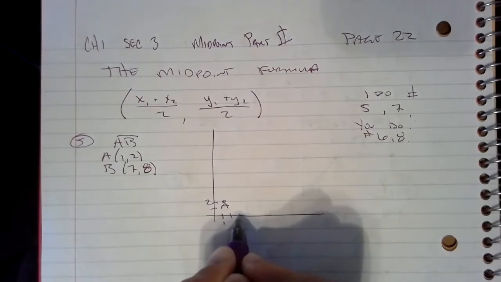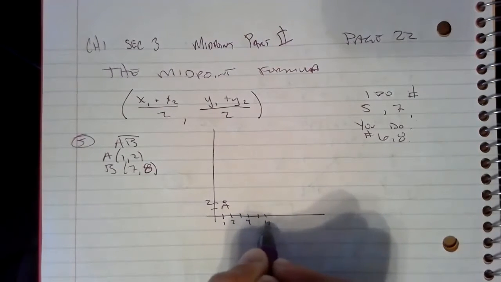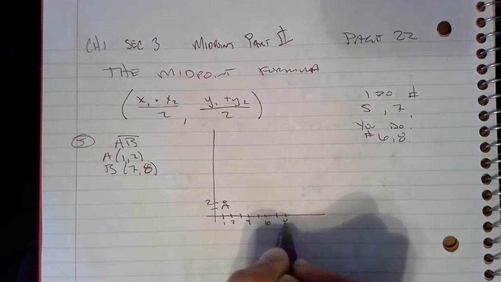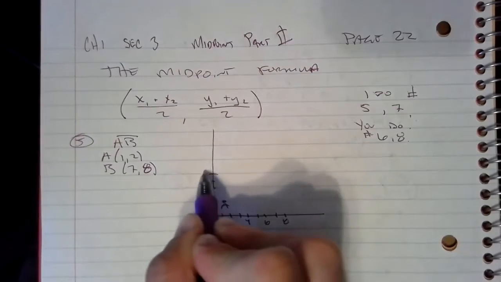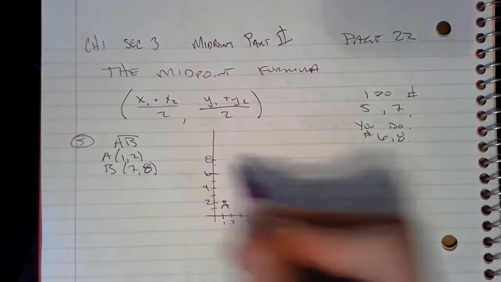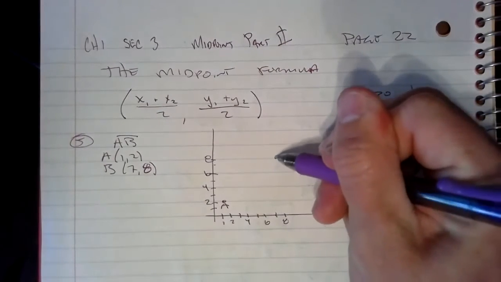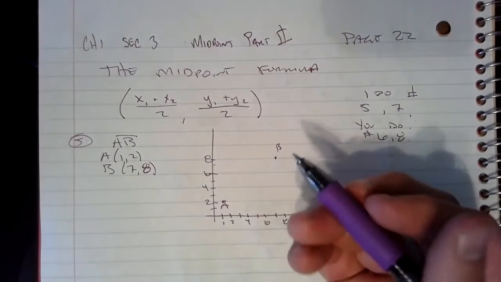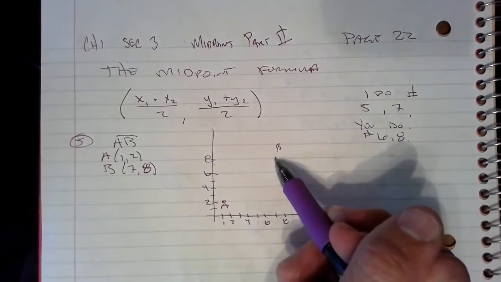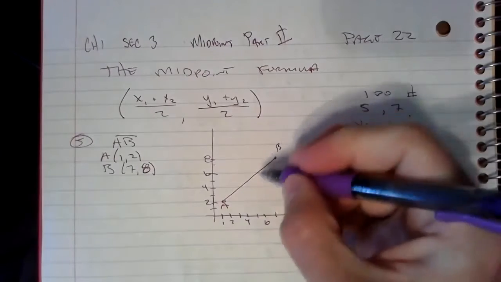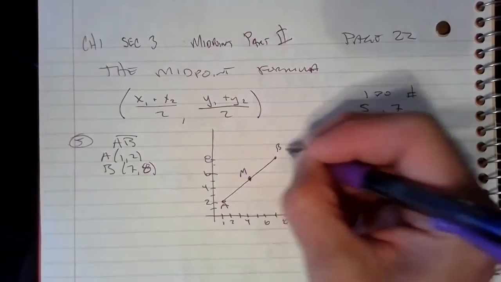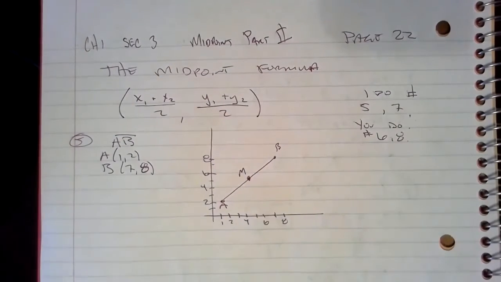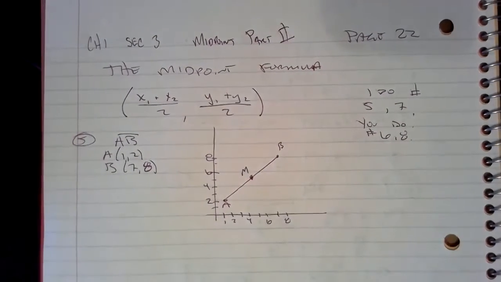Okay, and then B is at 7, so 2, 3, 4, 5, 6, 7, 8. So 7, 8, so 2, 4, 6, 8. So B is at 7, 8. And just to confirm, it says that we need to find the coordinates of the midpoint, which is going to be exactly halfway between A and B, except figure not drawn to scale because I don't know what the coordinates are.